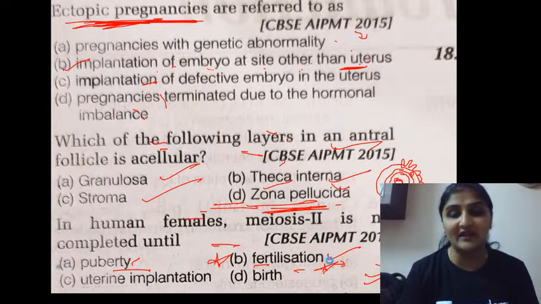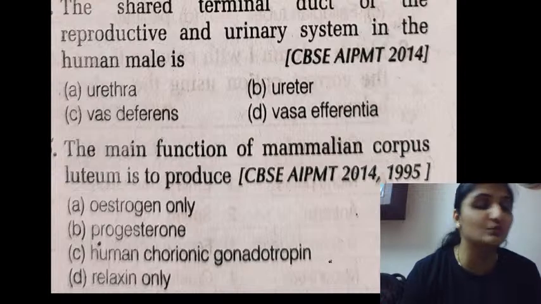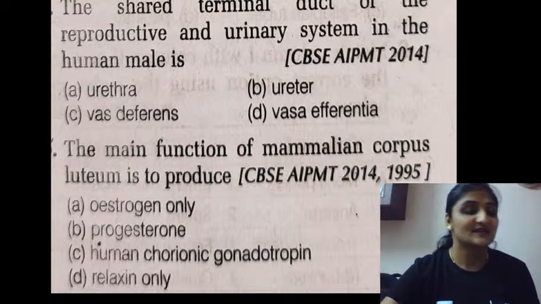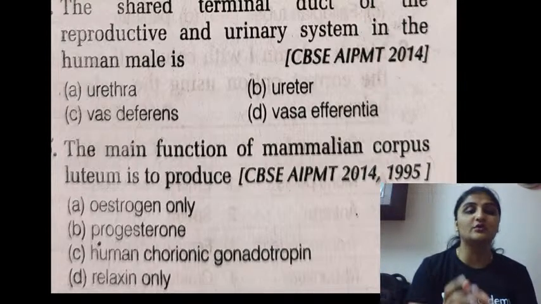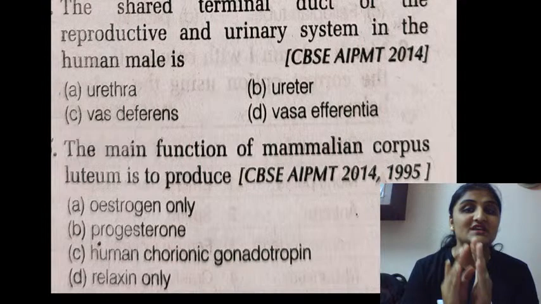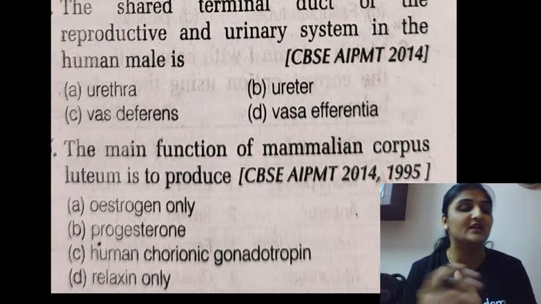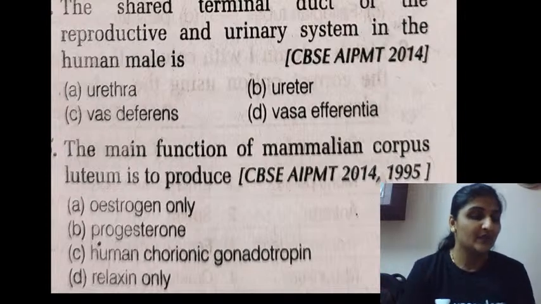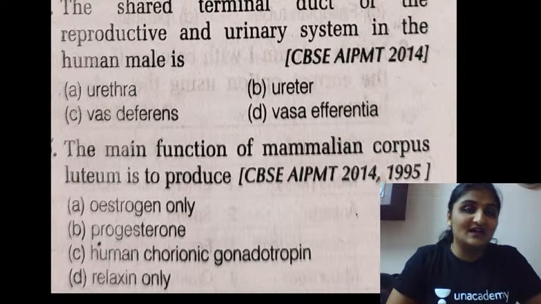Great. Quickly, we are going to move to the last question. The shared terminal duct of the reproductive and urinary system in human male, meaning which is the duct common for both the male reproductive system and the urinary system. Quickly, come up with the answers, very easy. I am waiting for the answers.